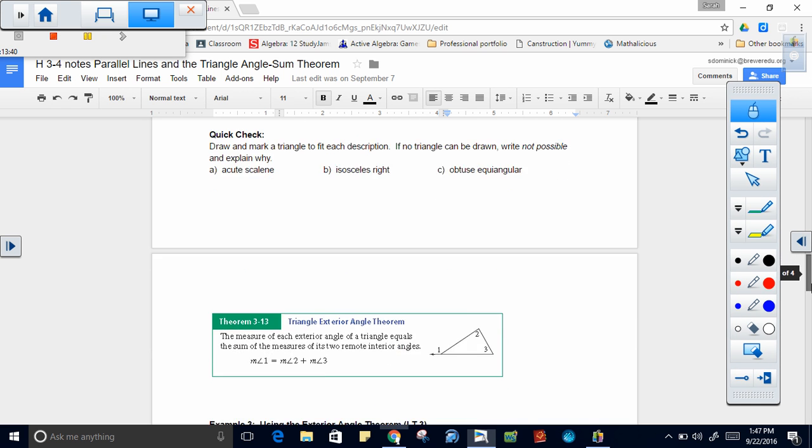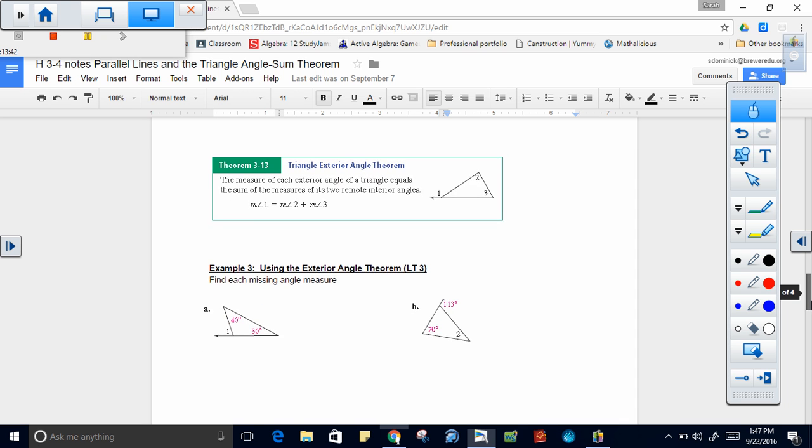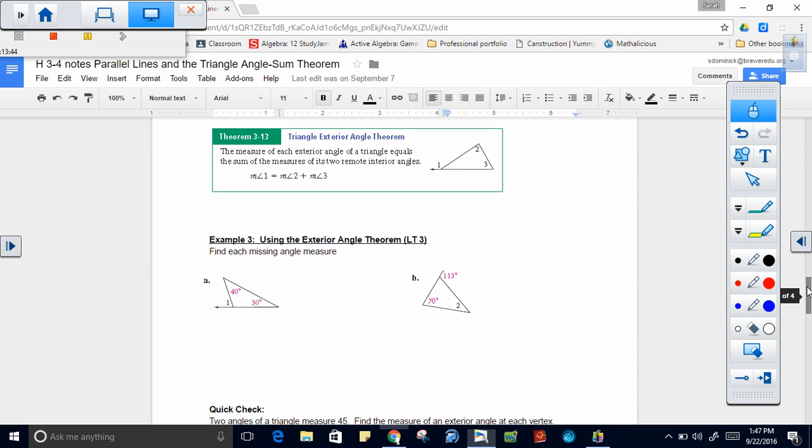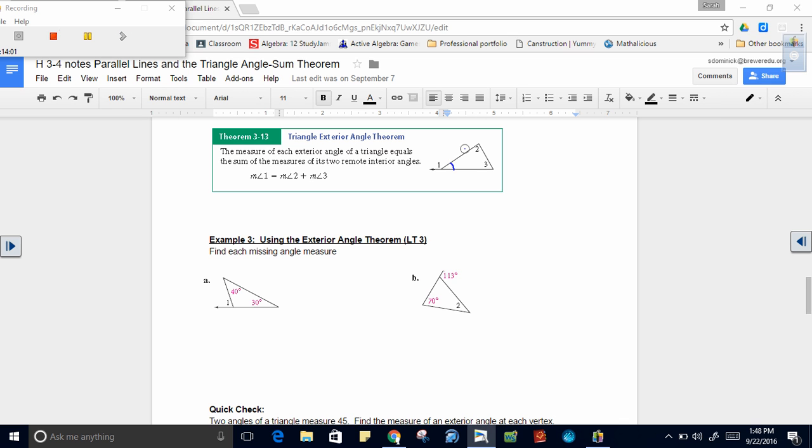Alright, moving on. The exterior angle theorem just lets you know that if you have an exterior angle, the remote interior angles would be congruent to that. Here's a proof of why. Let's say that this angle right here, let's say it's 50.